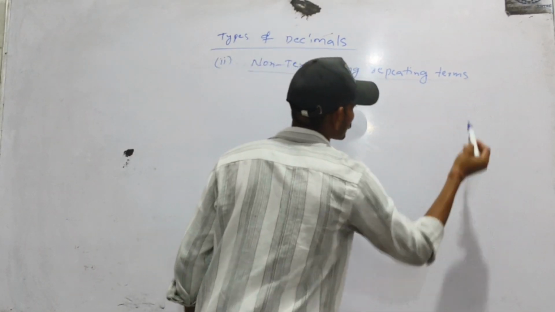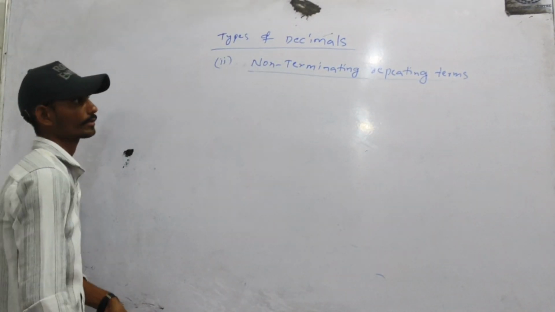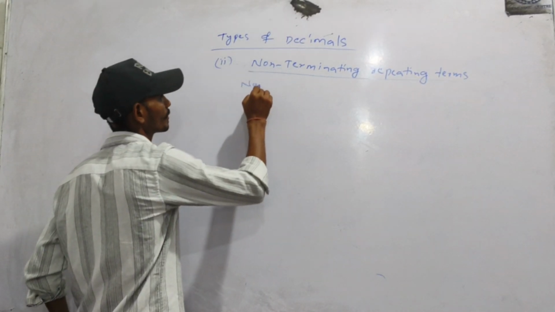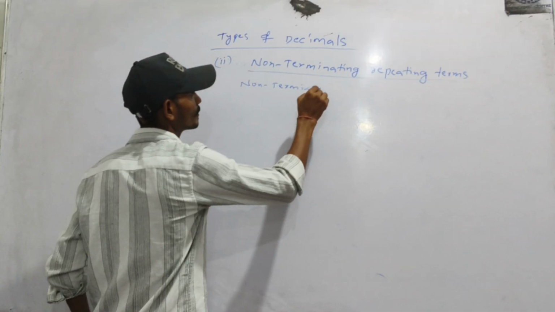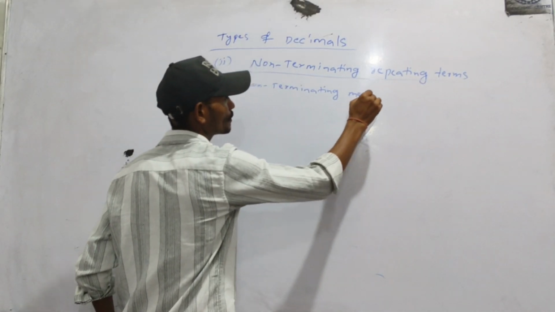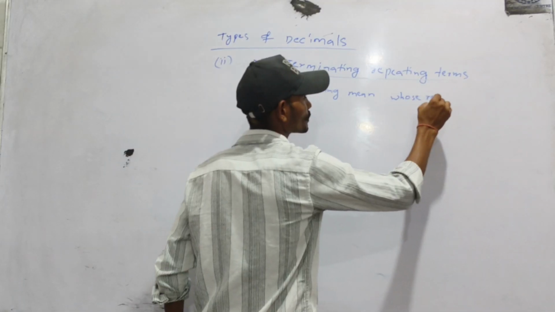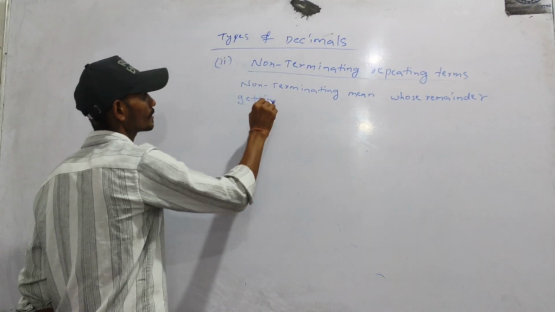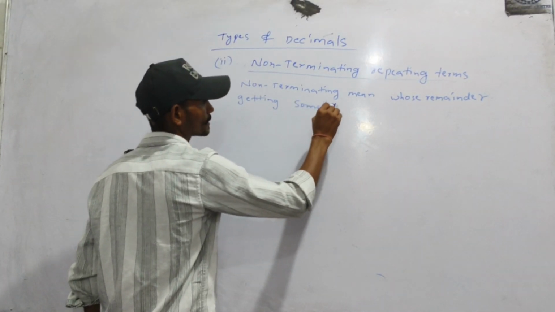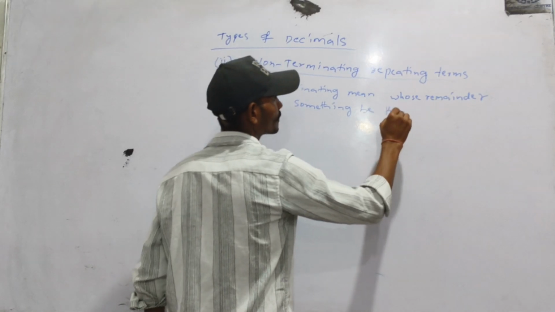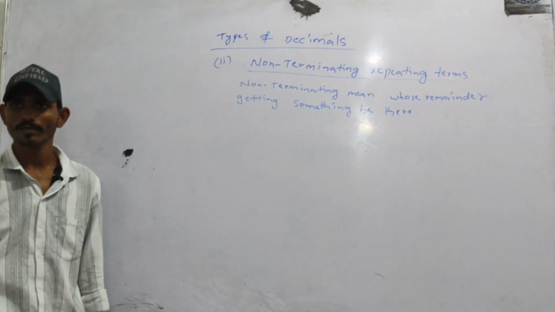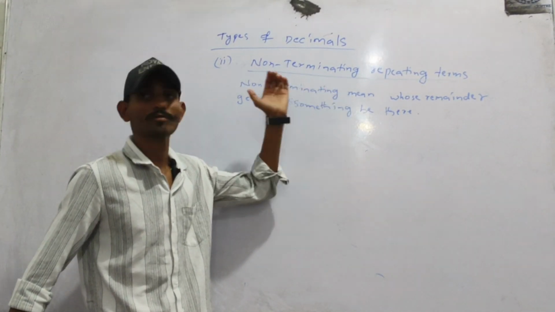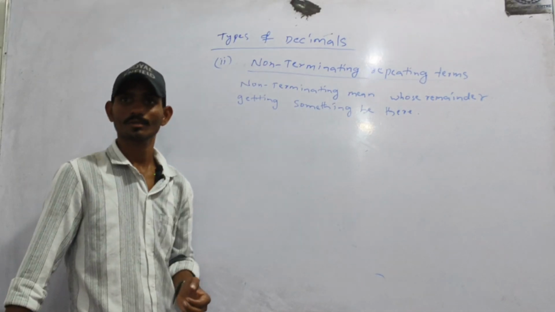Non-terminating means whose remainder keeps getting something; there is no getting 0. Many students are confused: what is the meaning of terminating, what is the meaning of non-terminating, what are repeating terms?